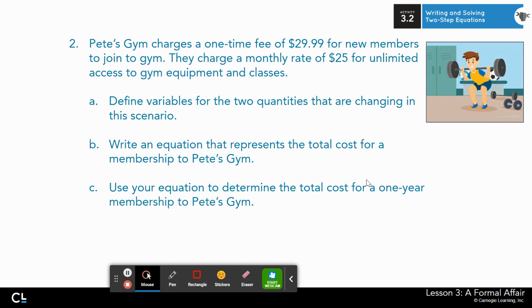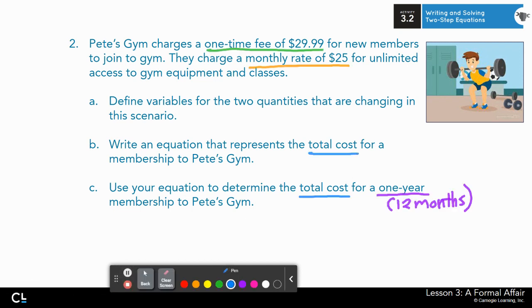B, write an equation that represents the total cost for a membership to Pete's Gym. And C, use your equation to determine the total cost for 1 year's membership, not 1 month, 1 year. So think about how many months are in a year. Here are some of my annotations to help you get started if you'd like to copy.